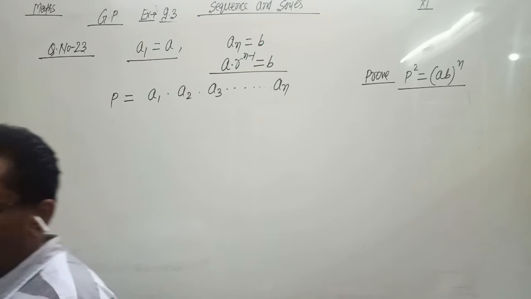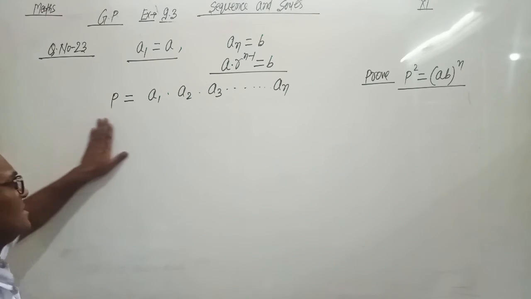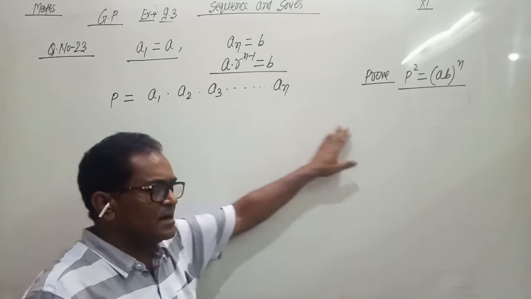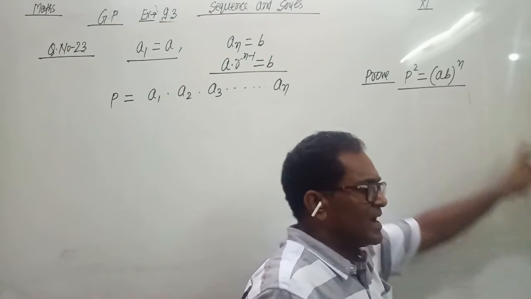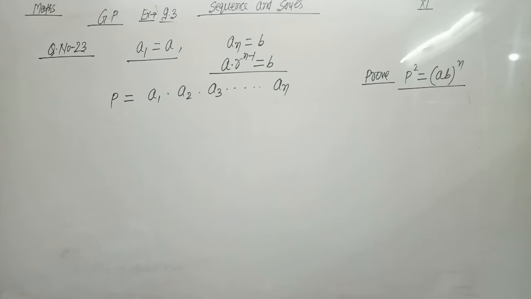We have given the first term a1 equals a and the nth term an equals b, and p is the product of first n terms. Then prove that p square equals (ab) whole raised to the power n.